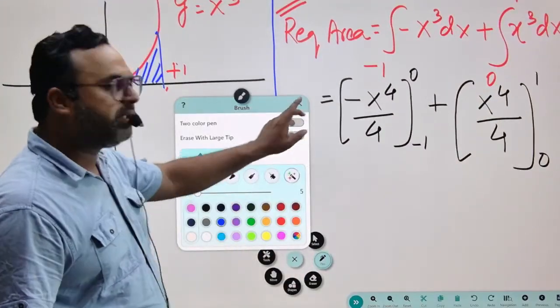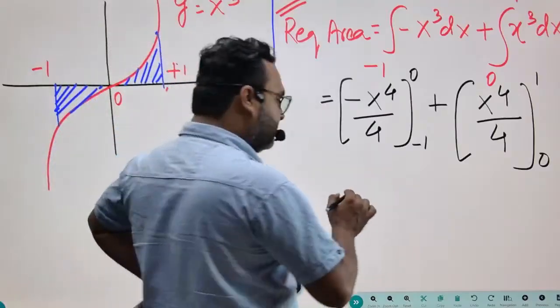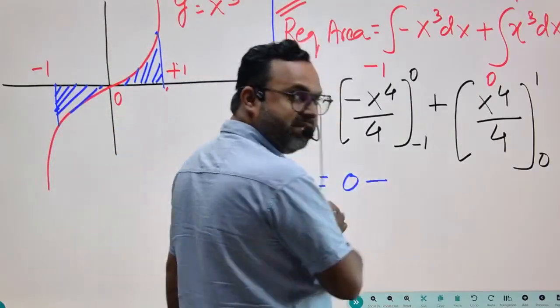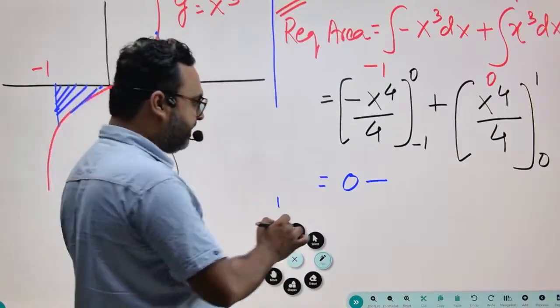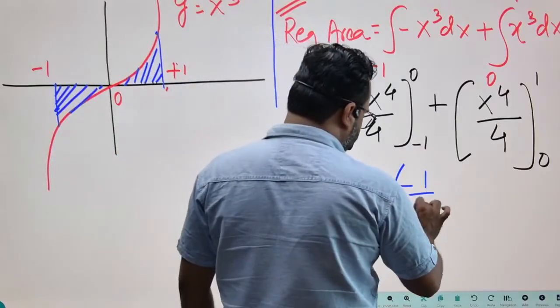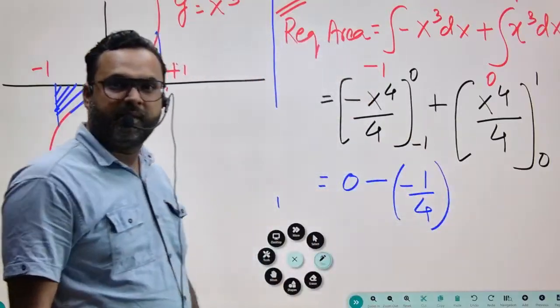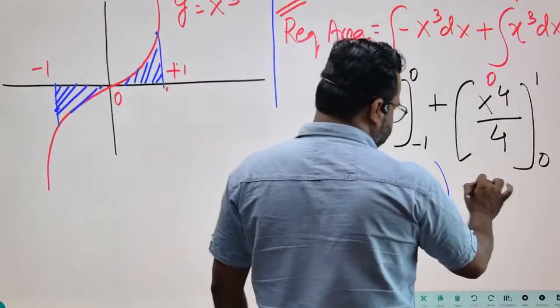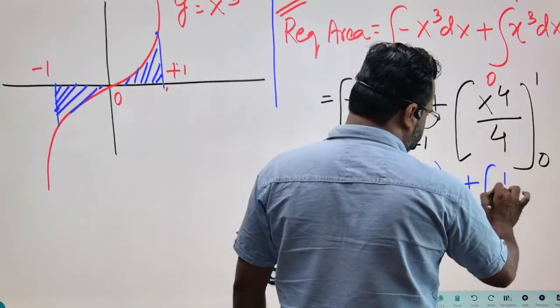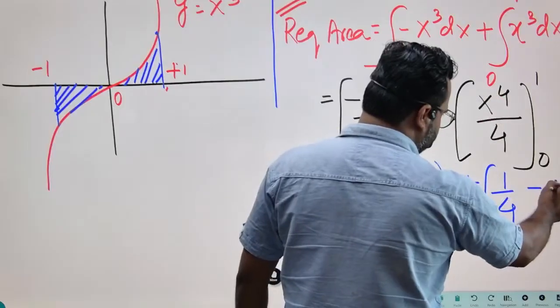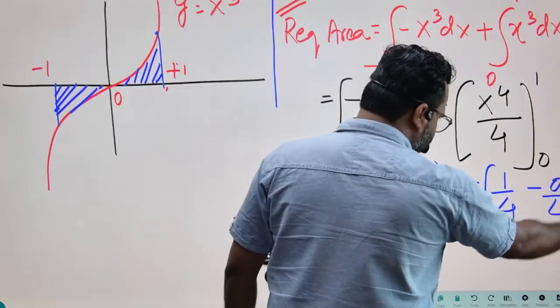Substitute the values. So 0 minus, now put the values, -1 over 4, plus x की place पर 1, so 1 by 4 minus x की place पर 0, so it is 0.